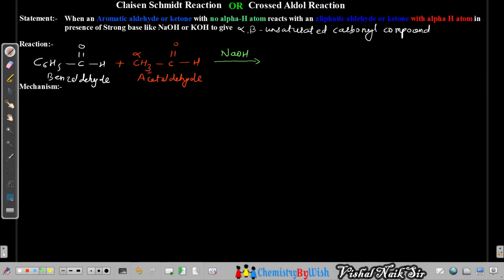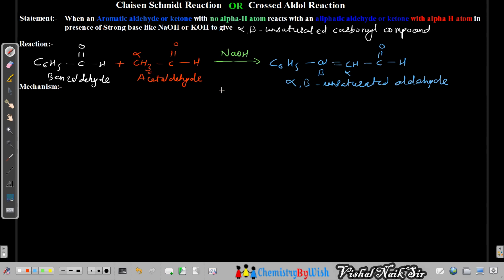So the product is C6H5CH=CH-CHO. So this is an alpha beta unsaturated compound. So we get an alpha beta unsaturated aldehyde as a product. बहुत सिंपल रिएक्शन है. सो हमने दो अल्डिहाइड लिए, एक में अल्फा हाइड्रोजन एटम नहीं है और दूसरे में अल्फा हाइड्रोजन एटम है.